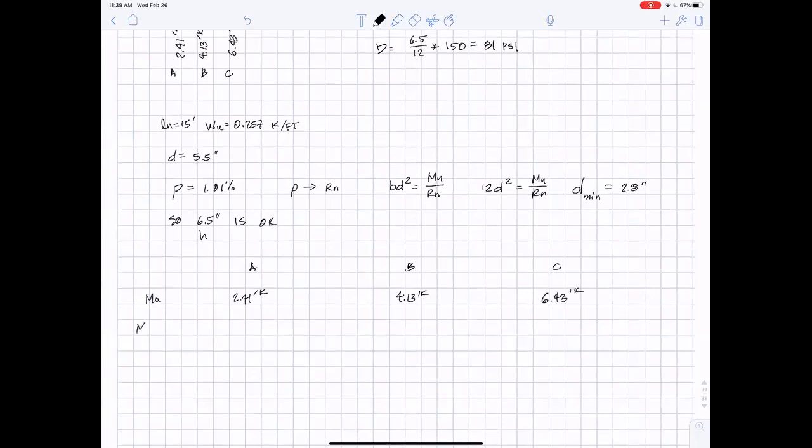MN required is just MU over phi. And while I'm at it, I'm going to switch that to inch kips.